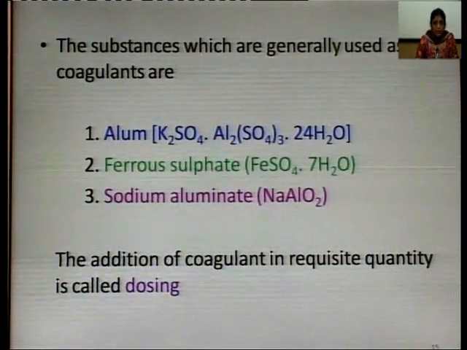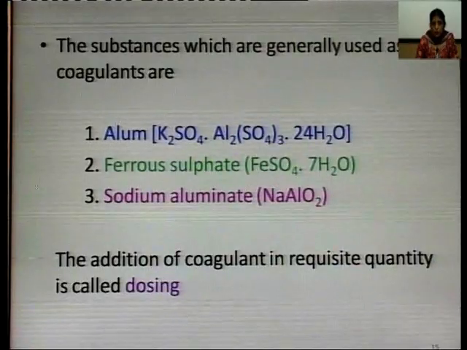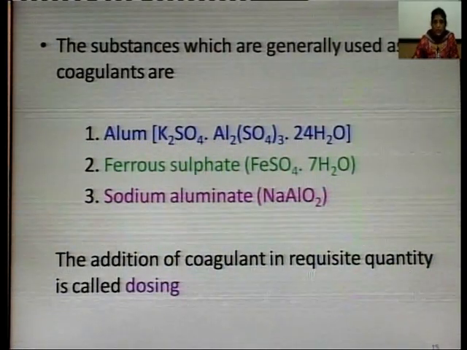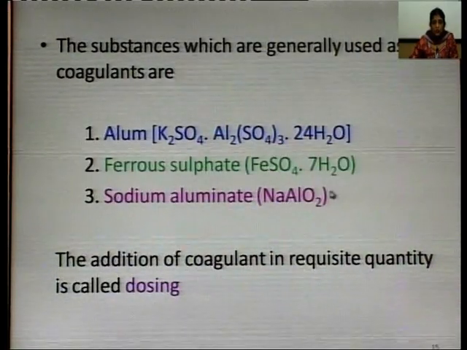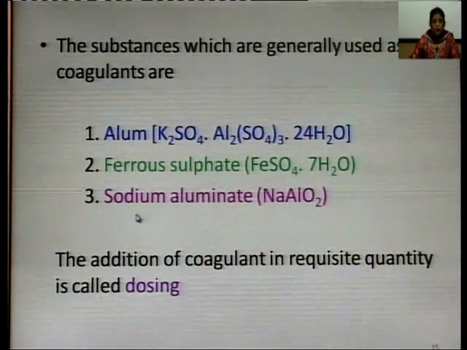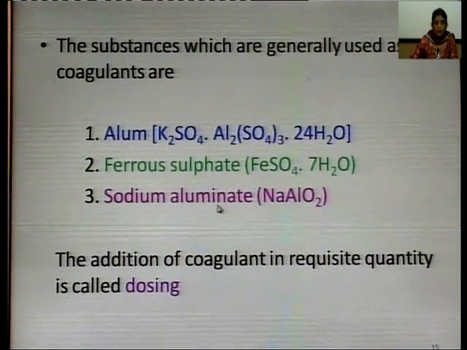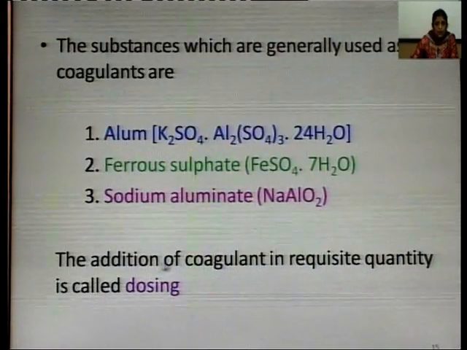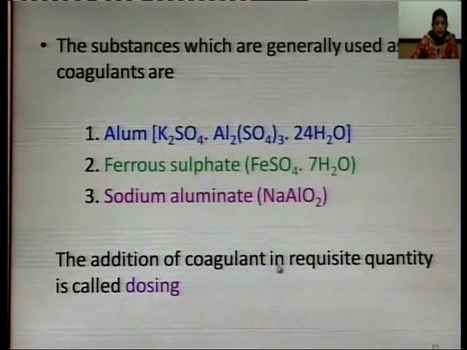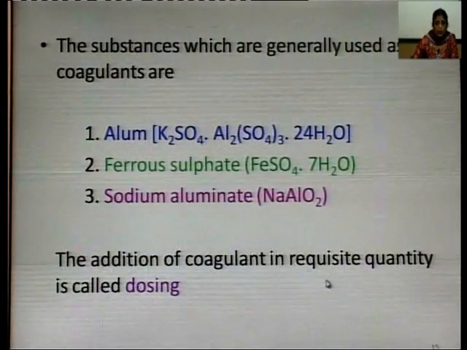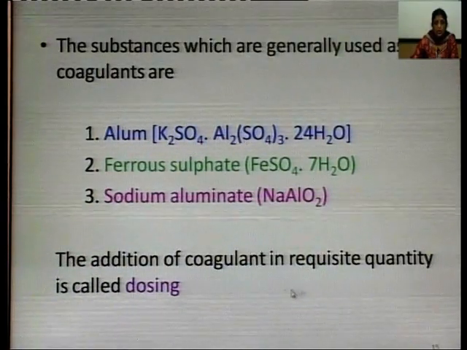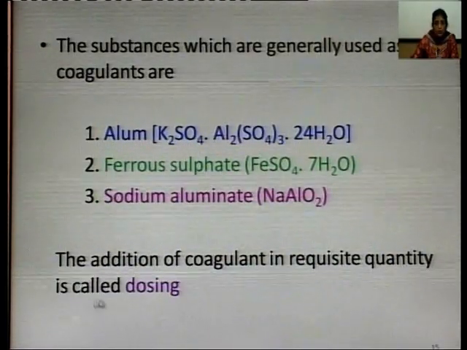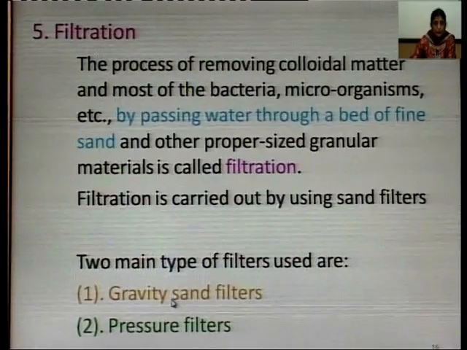The second chemical which can be used as a coagulant is ferrous sulphate, having formula FeSO4.7H2O. And the third coagulant can be sodium aluminate, NaAlO2. The addition of any one of these coagulants in requisite, meaning required, quantity is also called dosing.